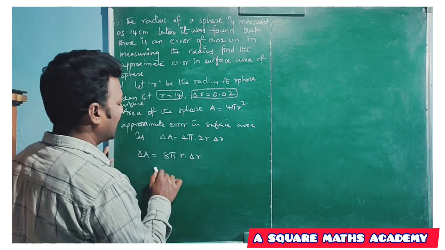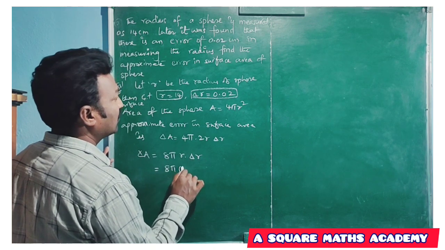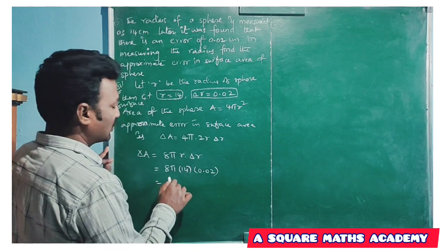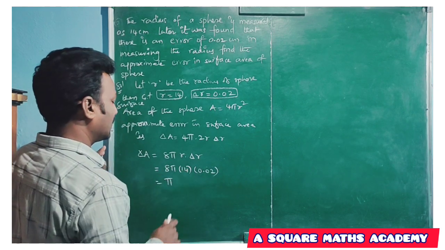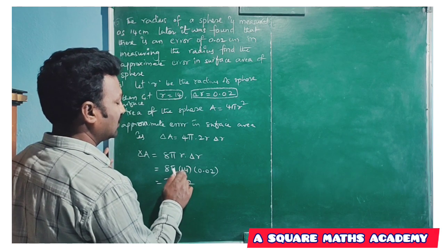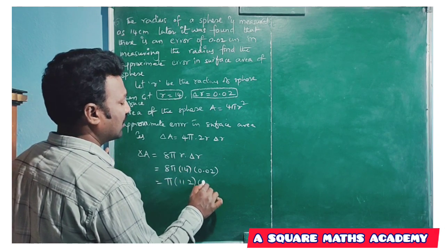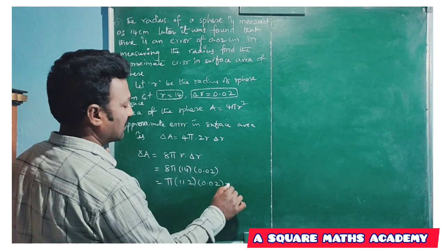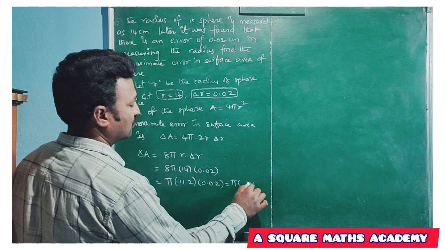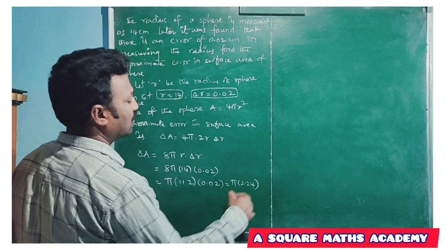So r value we already have given here, that is 14 and delta r is 0.02. So pi into 14, 8 fours are 32, 8 plus 11, 112 into 0.02. So that is nothing but pi into 2.24, so 2.24 we get here.